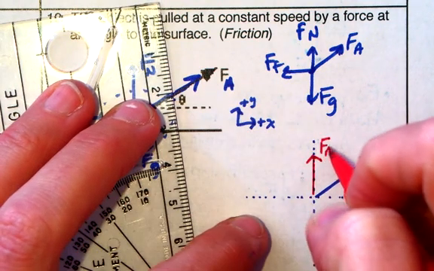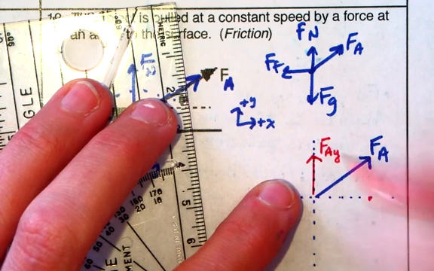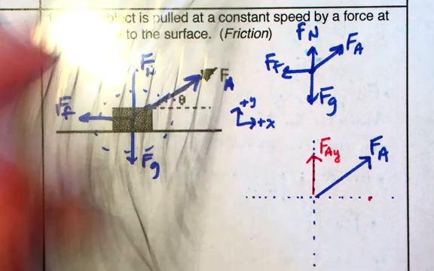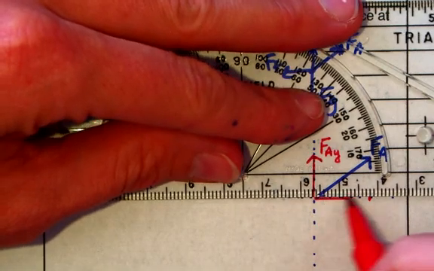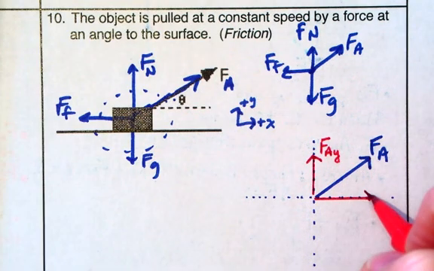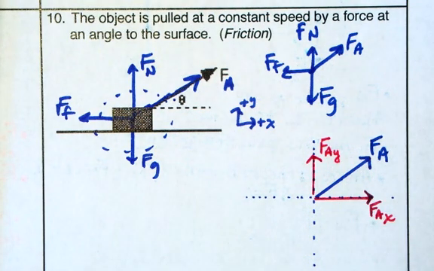So this is my applied vector, and that's my y component of the applied vector. Here is what component? The x component of my applied vector.